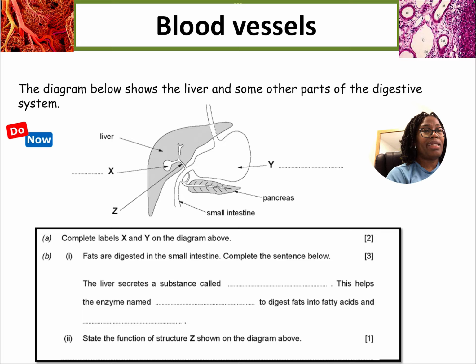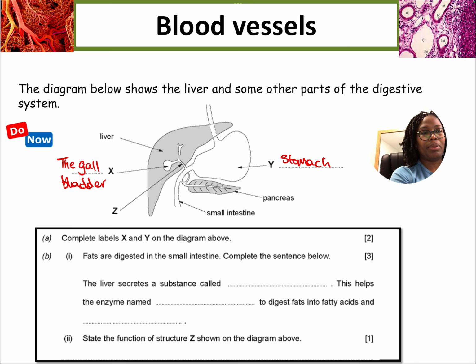So what is X? X is the gallbladder. And then Y is the stomach. Now B says fats are digested in the small intestine.